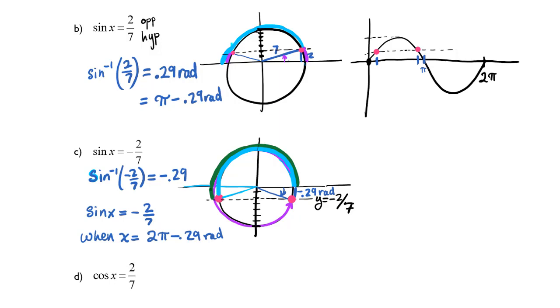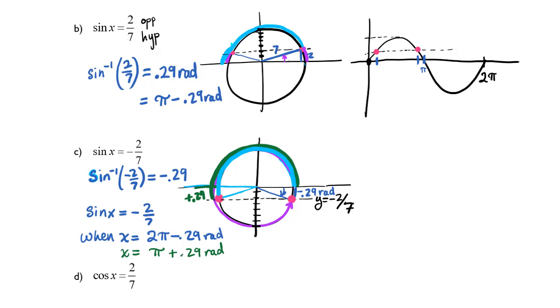So we could add 0.29 radians to pi, and that will give us our other angle. Pi plus 0.29 radians.